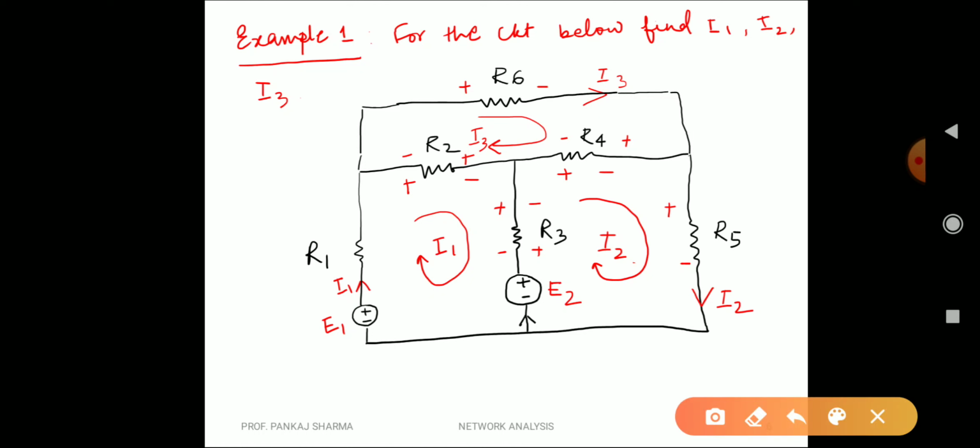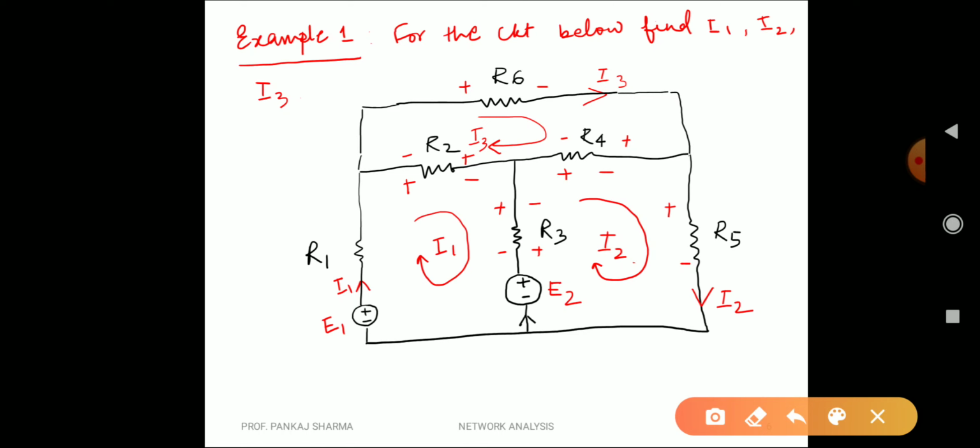The direction of flow of current I2 is like this, and the direction of flow of current I3 is visible to you all. Once it is done, or if it is given in the question, you are now supposed to choose the sign convention as per the direction of this current.